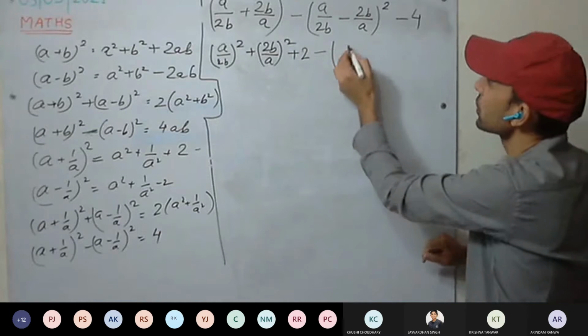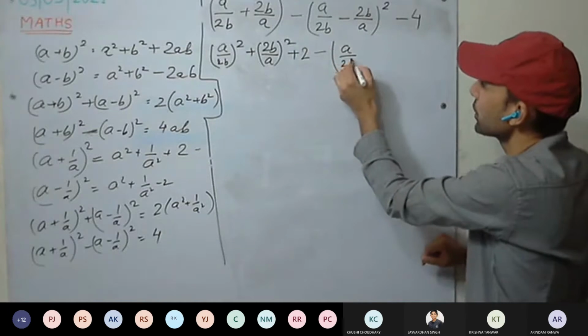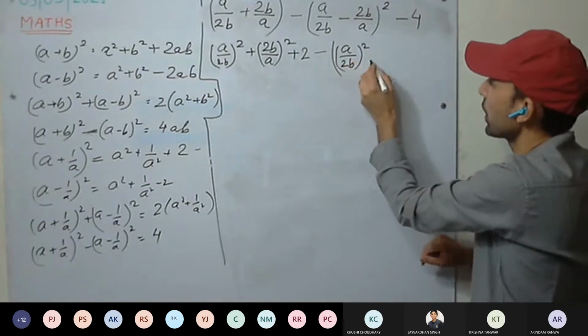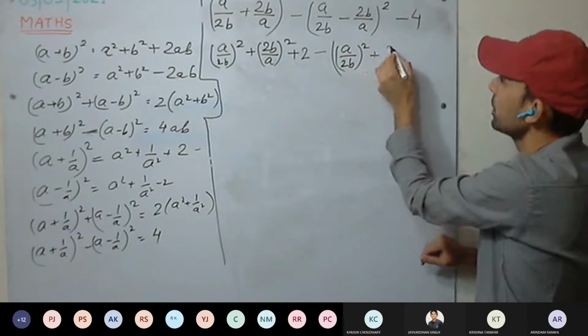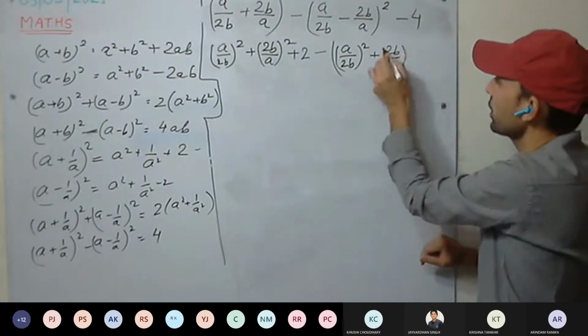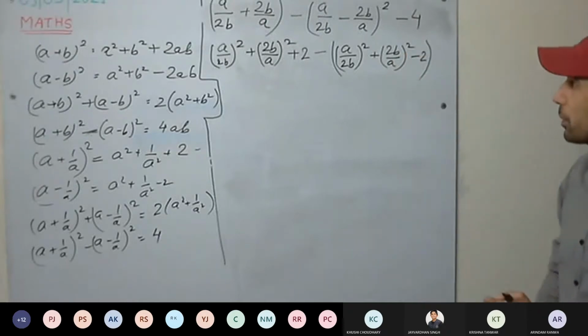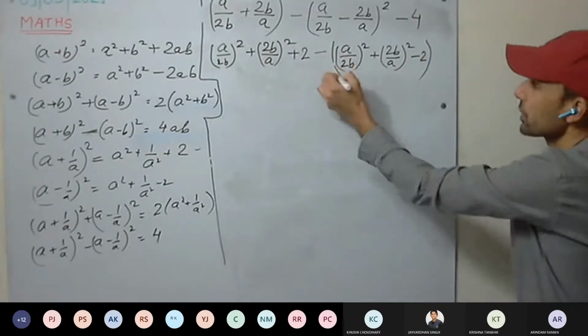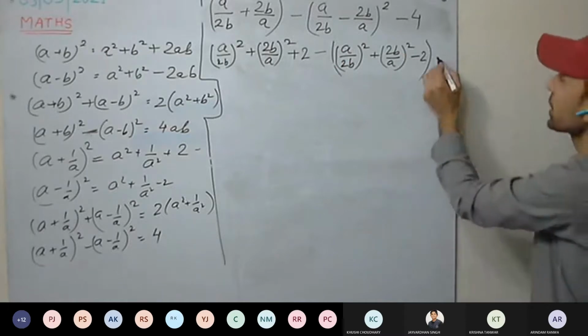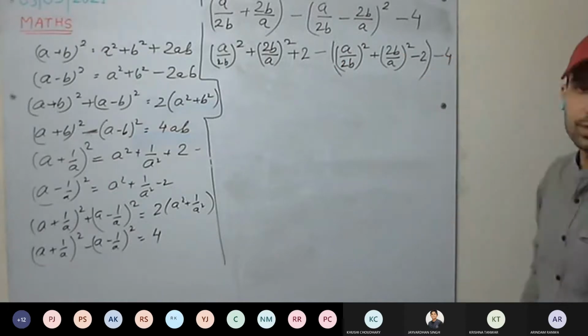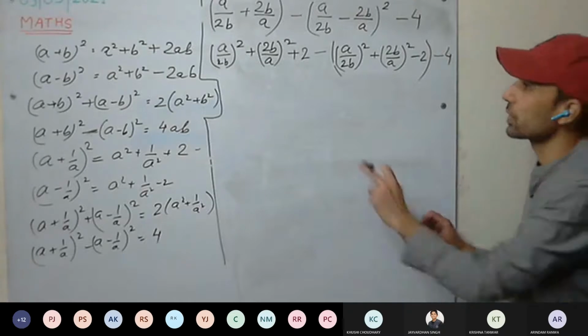We'll put the bracket. So it will be how much? A upon 2b the whole square plus 2b upon a the whole square minus 2, bracket closed, bigger bracket. You can use curly bracket as well, no issues with that. Minus 4. Understood this one?